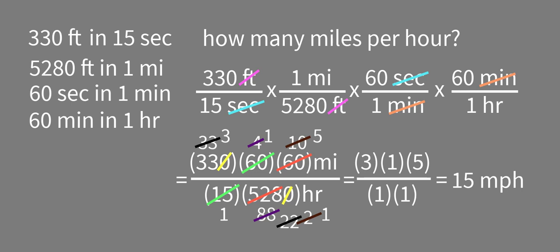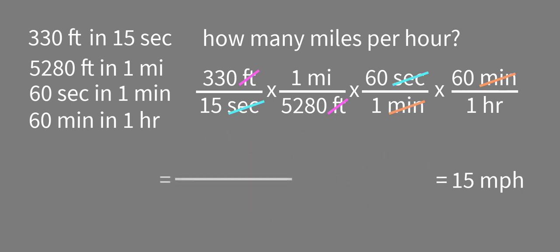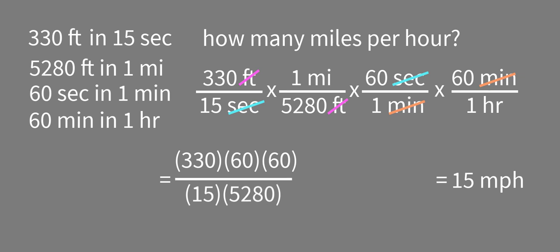Now, this was a lot of reduction beforehand. If you wanted to, you could just go ahead and multiply out 330 times 60 times 60 divided by 15 times 5,280. Multiplying out 330 times 60 times 60 gives us 1,188,000 divided by 15 times 5,280.